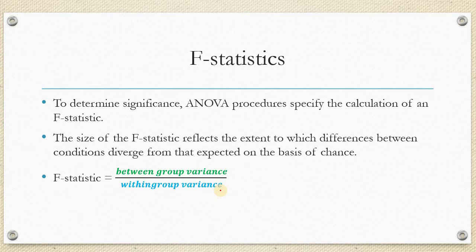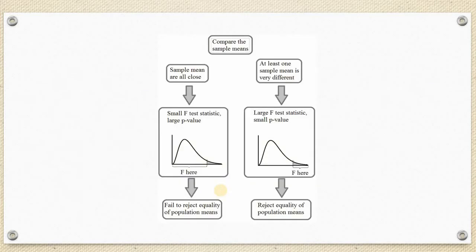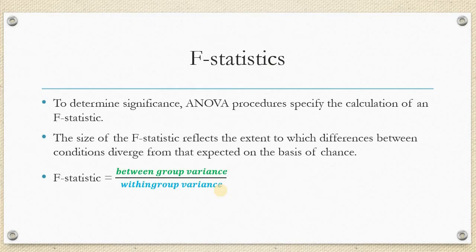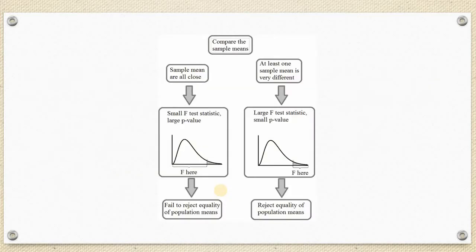You are not getting a significant result. So in the first condition, where your F statistics is higher, you can reject the null hypothesis. Whereas in the second case, where the between group variance is lower than the within group variance and your F statistics is lower, you will say that you cannot reject the null hypothesis.